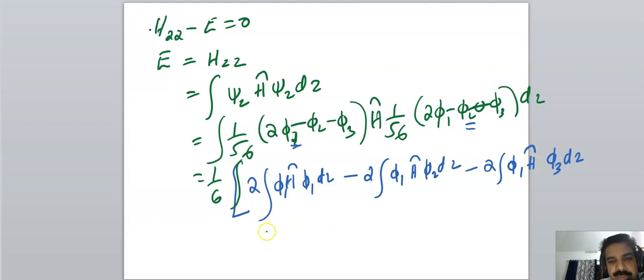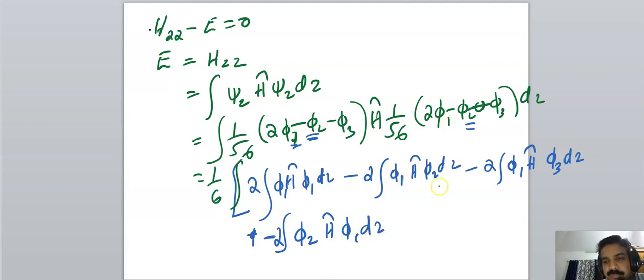Okay, plus, next this phi 2. Therefore, this is not plus, this is minus integral phi 2 H cap phi 1 dτ, 2 is already here, also 2 is here, so 2 we can take outside.